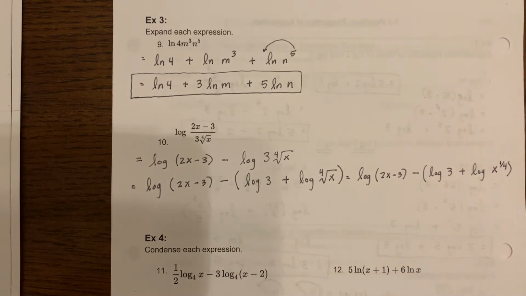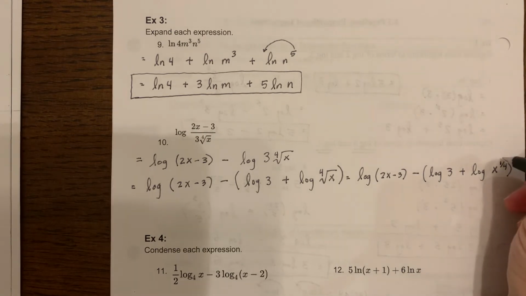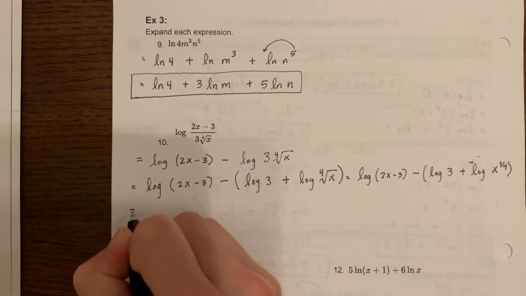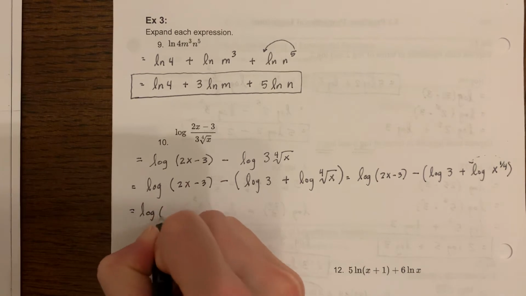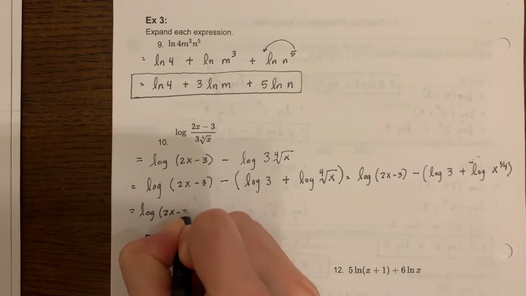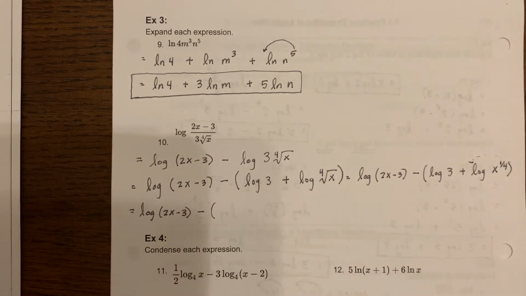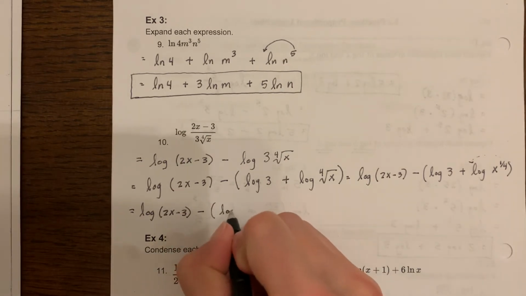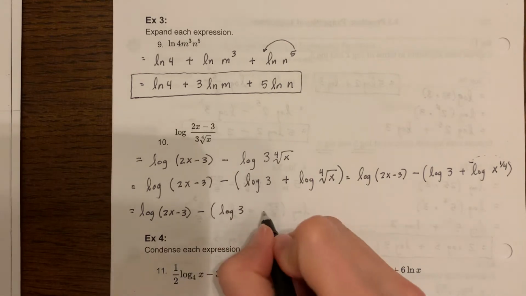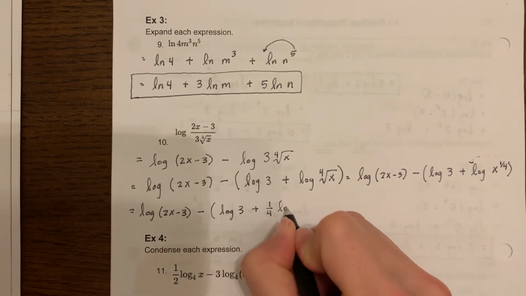Okay, I cannot have radicals, but I also cannot have powers. So now I'm going to use the power property to move the 1/4 in front of the log. So this is equal to the log of 2x minus 3 minus, and within this quantity I have log 3 plus 1/4 log x.